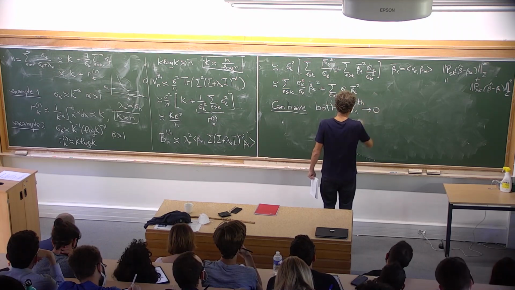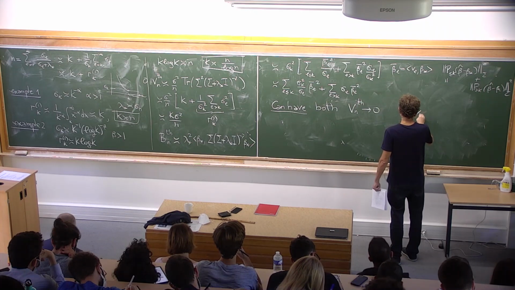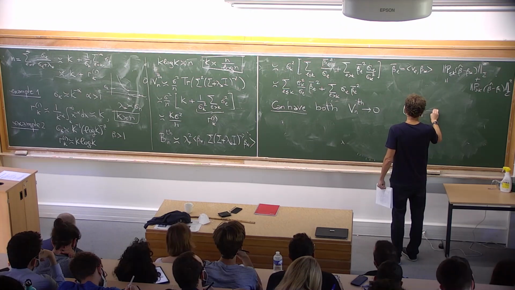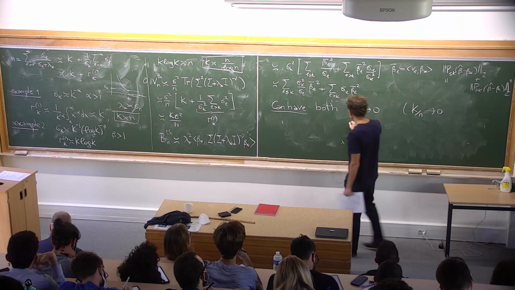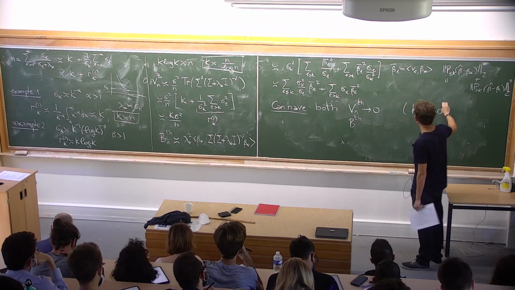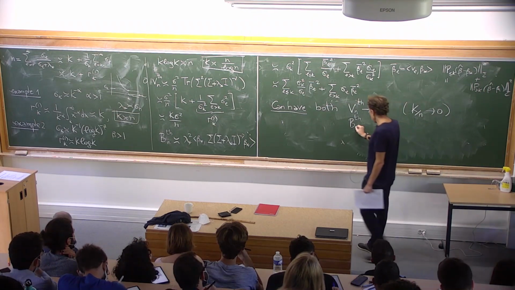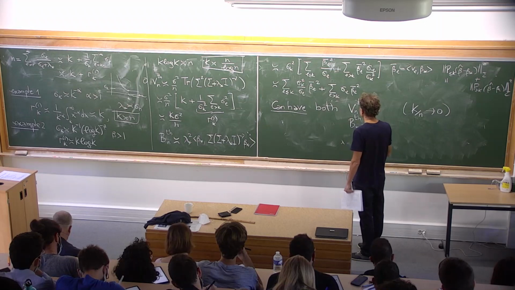Okay, so what we learn from this is that I can have both V n go to 0, if for instance k over n is much smaller than 1, so k over n goes to 0. So this is the condition for V n going to 0: k is much smaller than n. And B n also going to 0.